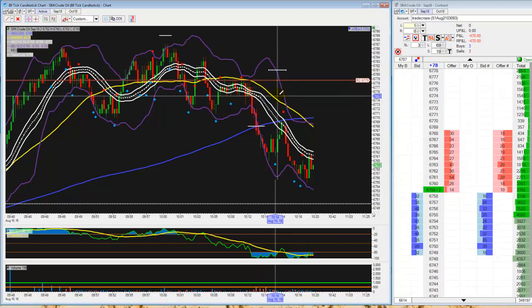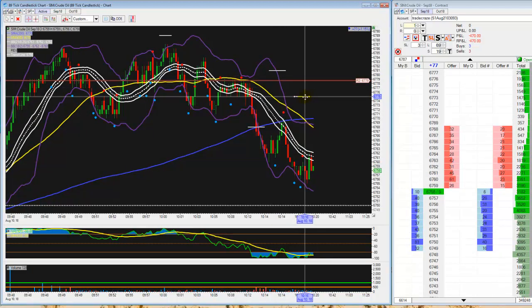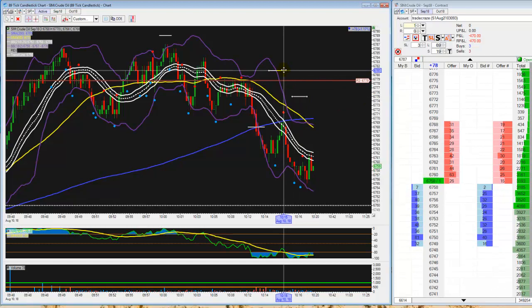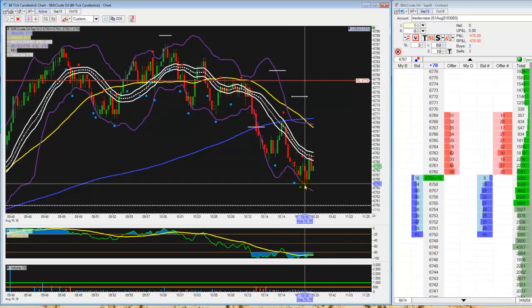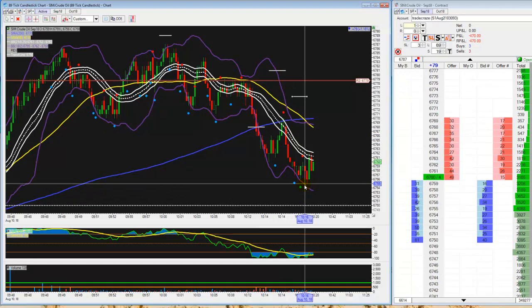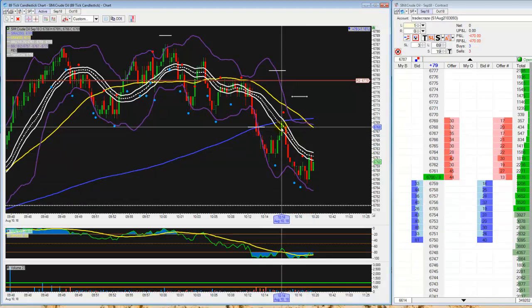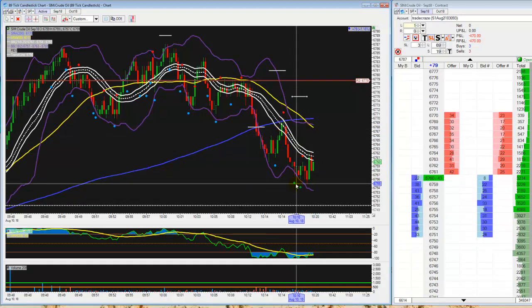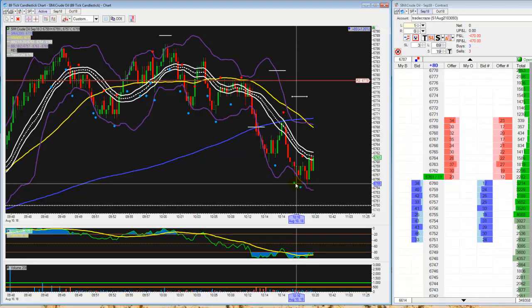If I had my practice account, I could have followed along with this. But every so often, TST decides to get rid of something, and this time they got rid of that. So we're down, what is that, 68, 55, 13 ticks.